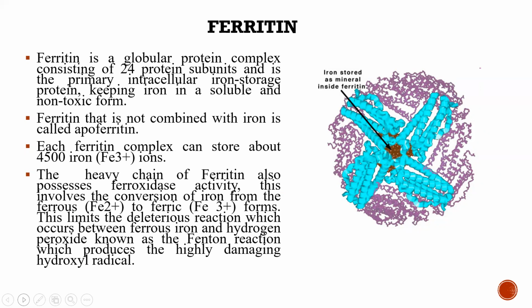The heavy chain of ferritin also possesses ferroxidase activity. This involves the conversion of iron from the ferrous to the ferric state. This limits the deleterious reaction which occurs between ferrous ion and hydrogen peroxide, the Fenton reaction, which can produce the highly damaging hydroxyl radical.